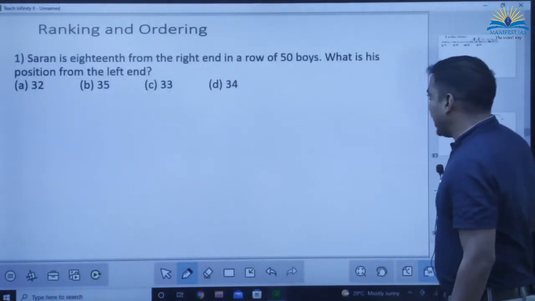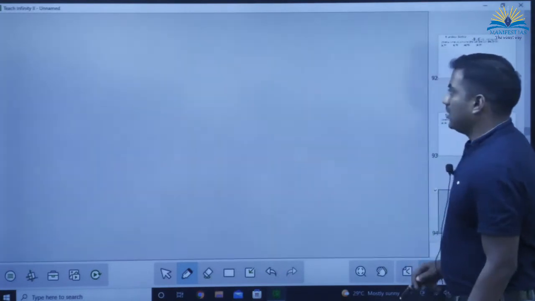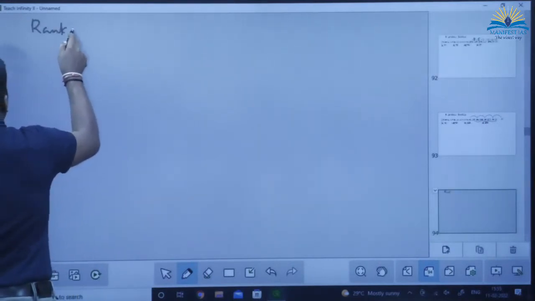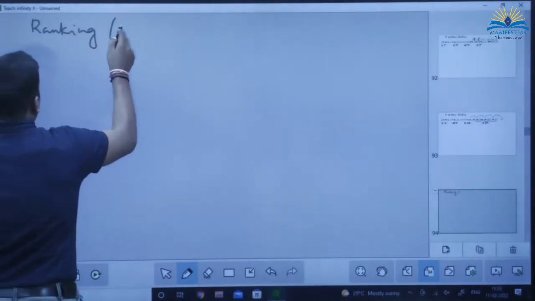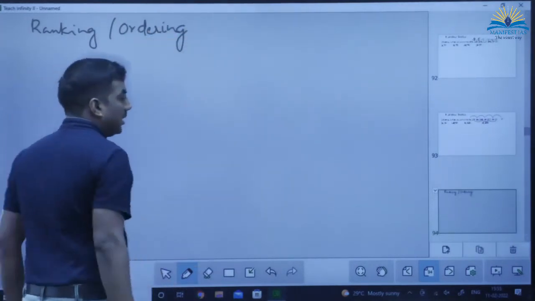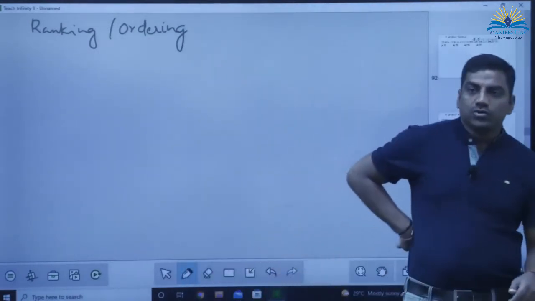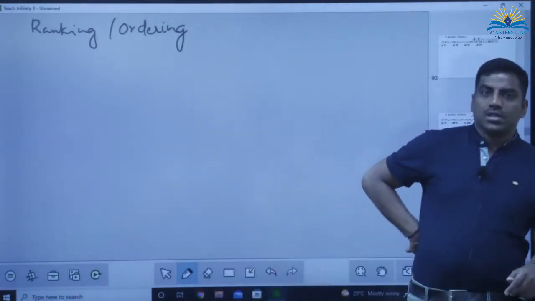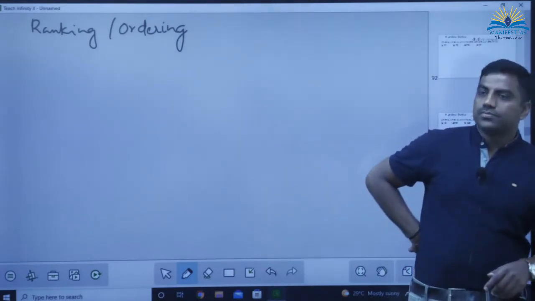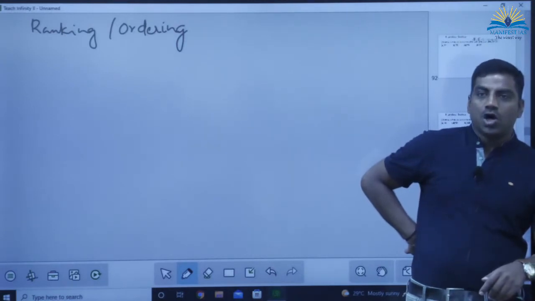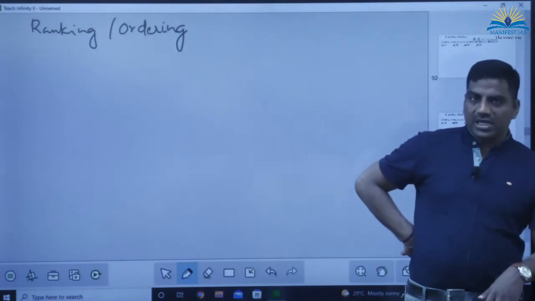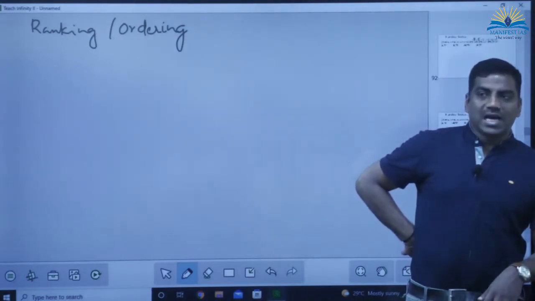Yeah. Next important chapter is ranking or ordering. In this one, usually a row, a queue, or a line, or a rank list, something will be given in order in which few persons are arranged.